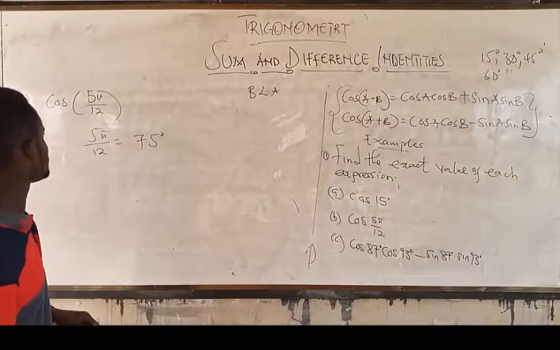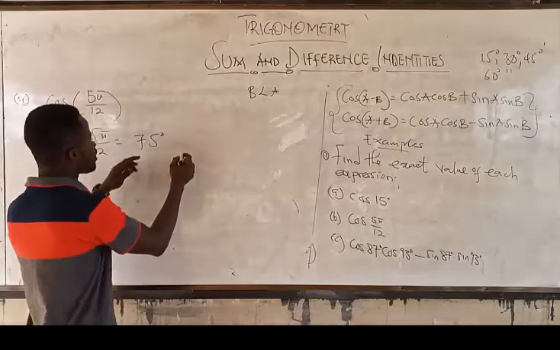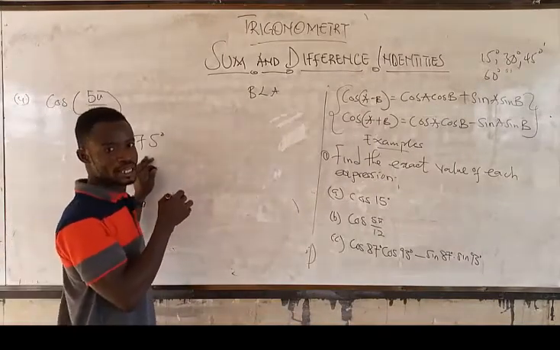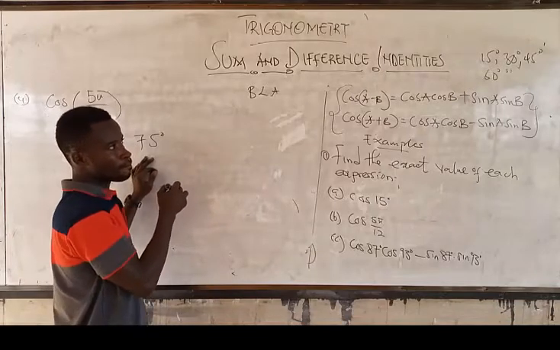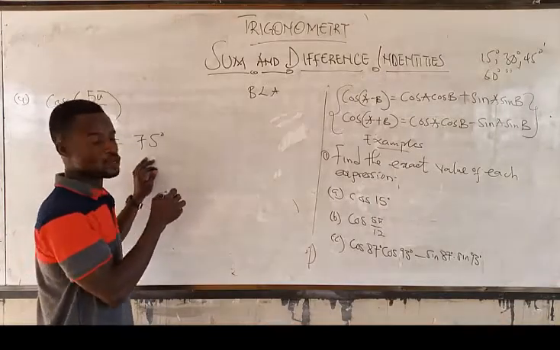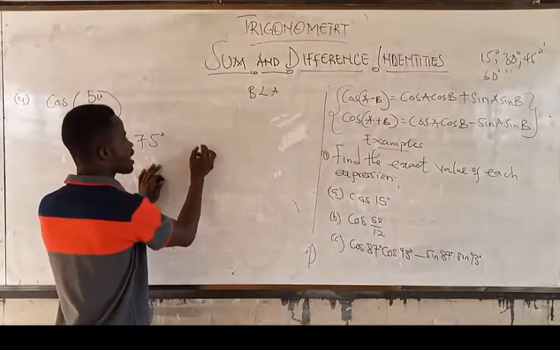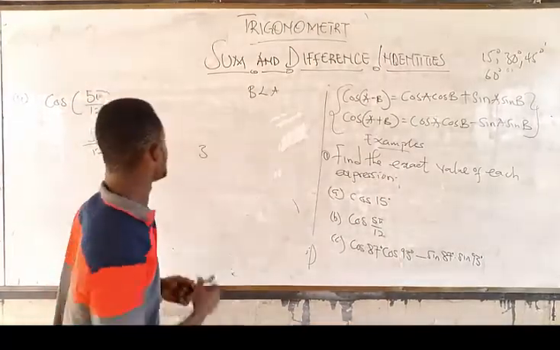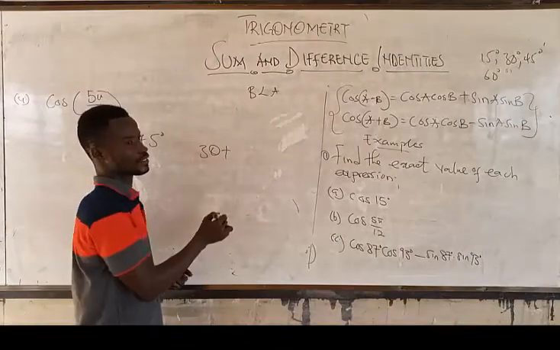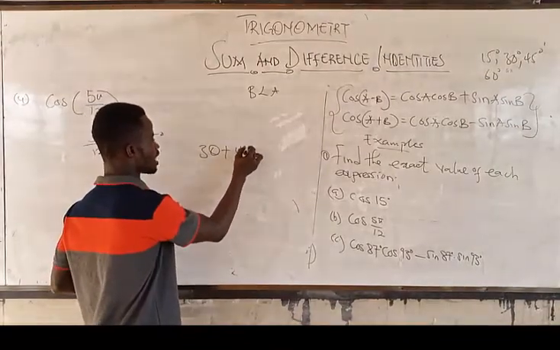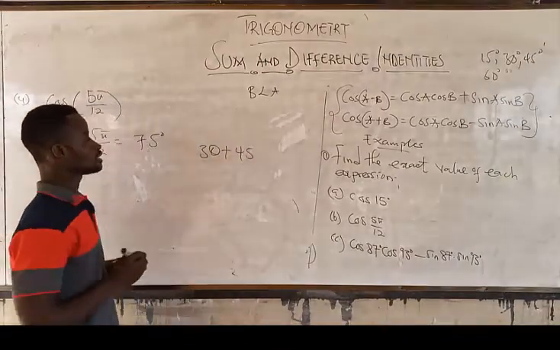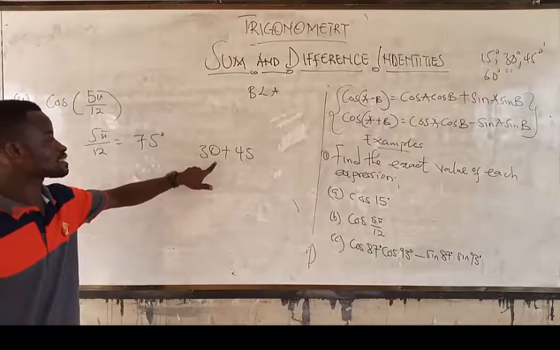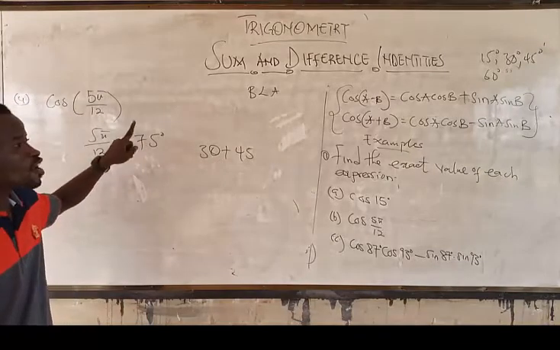So let's see. What if we pick 30 plus 45? 30 plus 45 will be the same as 75.